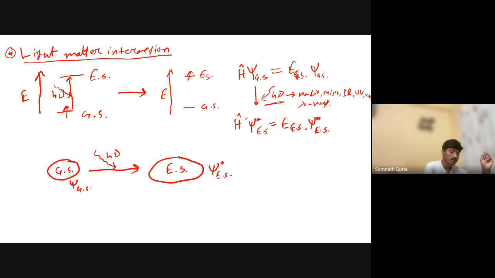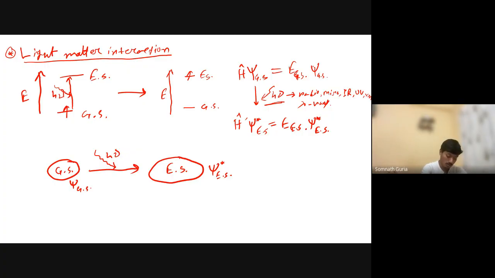By perturbing my ground state to the excited state, we are fundamentally providing some energy to the electrons of the molecule, which changes from the ground state to the excited state.